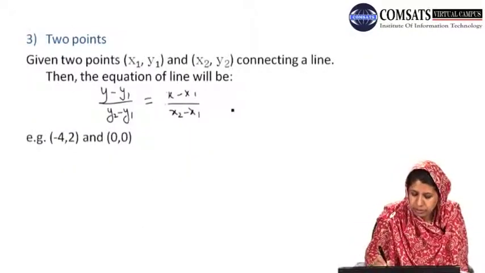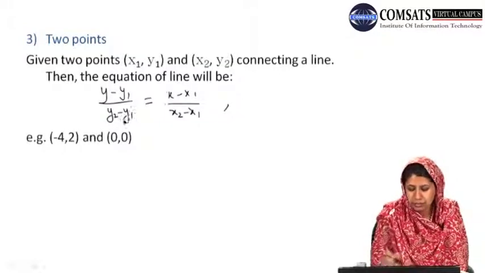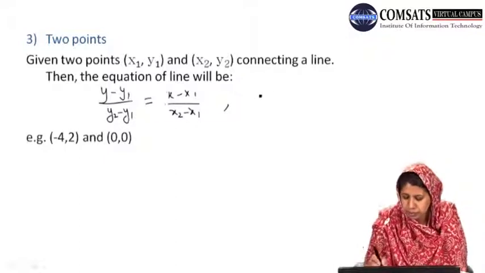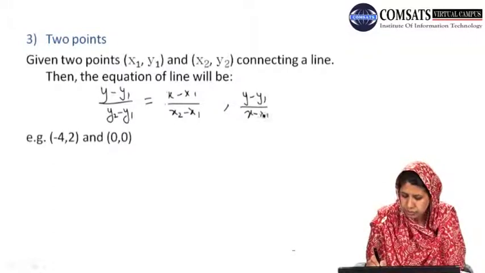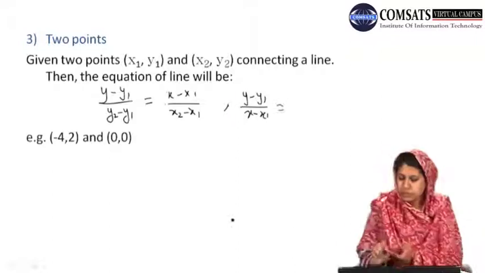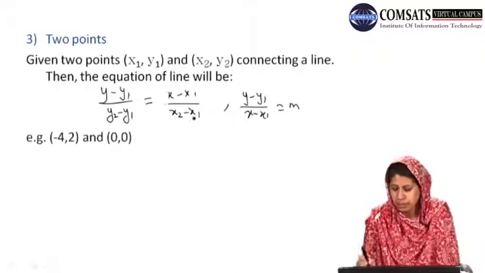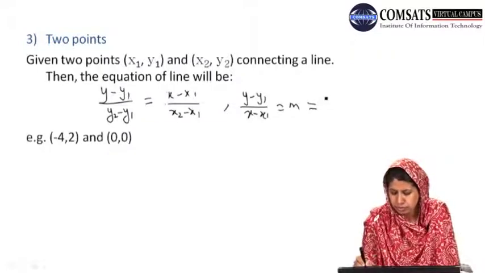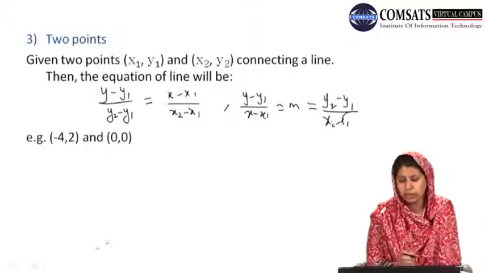So what do we get? Basically, taking x minus x1 to the left side and bringing y2 minus y1 to the upside, we obtain y minus y1 over x minus x1. This is nothing but the slope m from the point slope form, and what do we get? Which is y2 minus y1 over x2 minus x1.